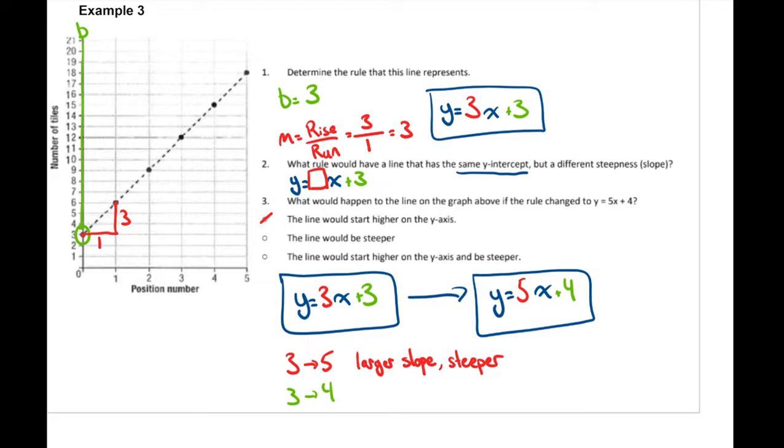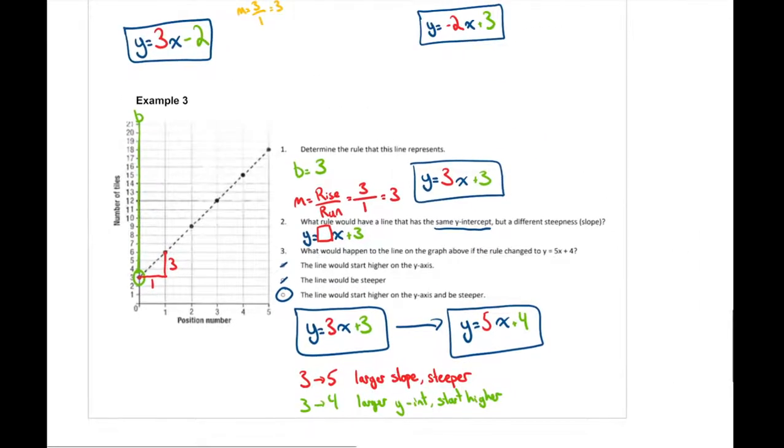So we have a larger y-intercept, which means we start higher. So if I look at my options, would it be steeper and start higher on the y-axis? It would be the third one, because we know from looking at the two rules that it will be steeper and it will start higher. So it needs to be the one that has both.